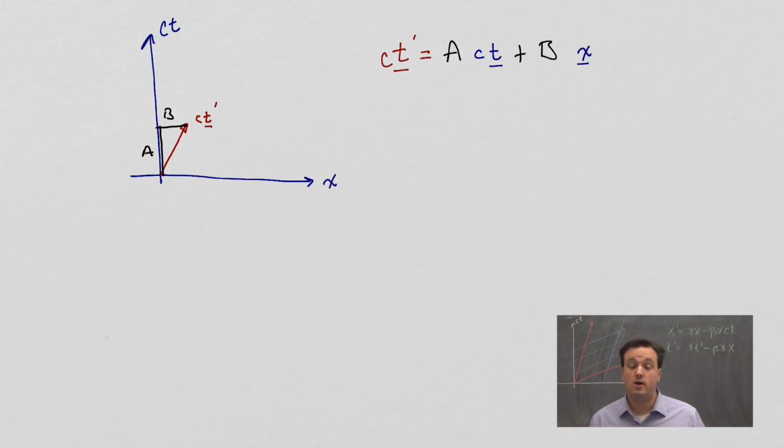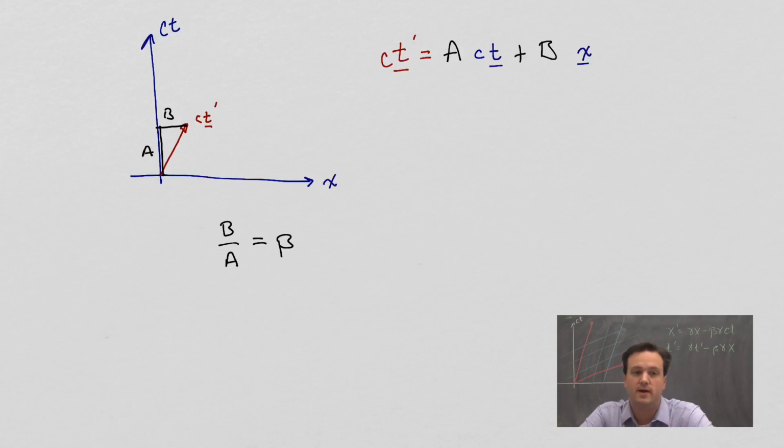Now, if I go back to my spacetime diagram, calling it A and B is fine, but I actually know that there's a relationship between A and B because the slope of the world line of the CT prime axis is determined by the velocity of the primed frame with respect to the unprimed frame. Right? So the ratio of B over A is actually set by the velocity of the red frame with respect to the blue frame.